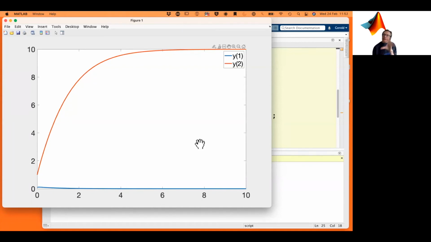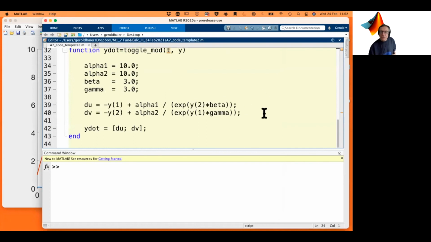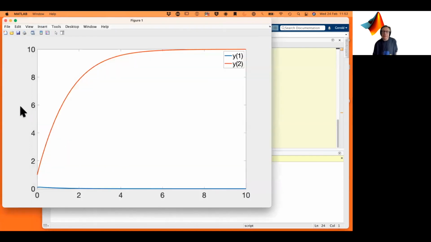So we can find this diverging behavior, although they are very symmetrically designed, right? Actually, it's the same thing in both equations, and alpha 1, alpha 2 is the same, beta, gamma is the same. So it's a perfectly symmetric equation, so they should do exactly the same according to the mathematics, but numerically they behave very differently. Namely, they behave such that one stays close to 0 and the other one rises to a large value, which is 10 in this case.